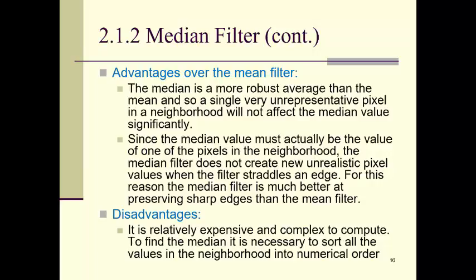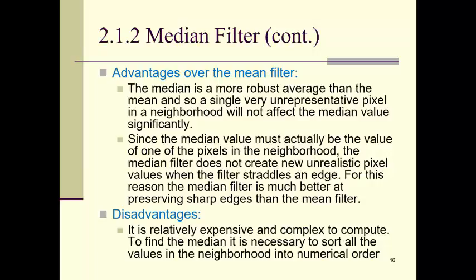Here we also say that since the median value must actually be the value of one of the pixels in the neighborhood, there is a big possibility that I am preserving the information about the edges. The median is the value of one of the pixels that appear in the neighborhood, either the same pixel in which I'm applying the filter, or one of its neighbors.